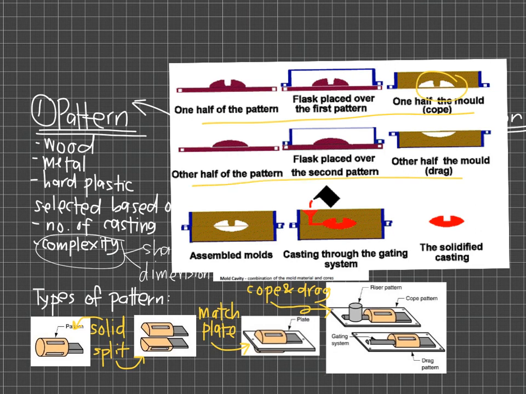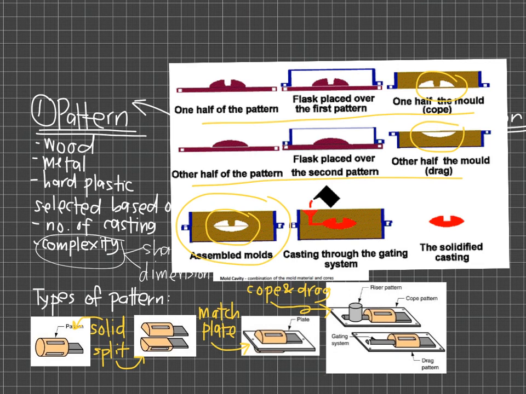Then followed by the second process, which is for the drag. Same as the cope, we need to pack the sand on the pattern to get the cavity for the drag. Then we have to assemble the cope and drag together to get the mold cavity for one whole product.